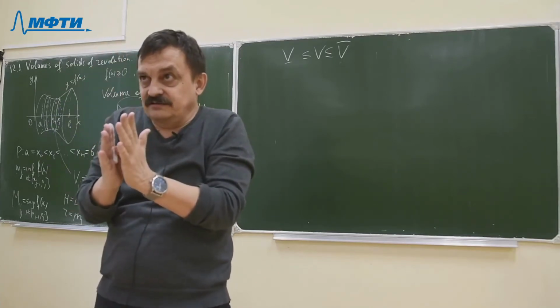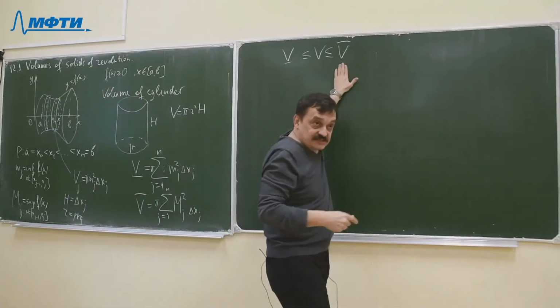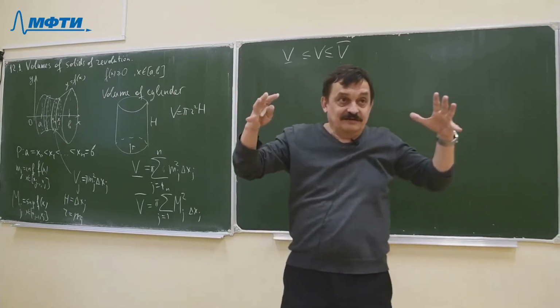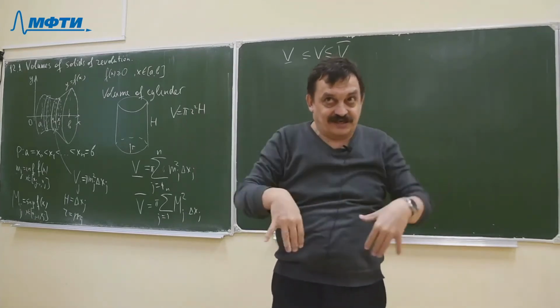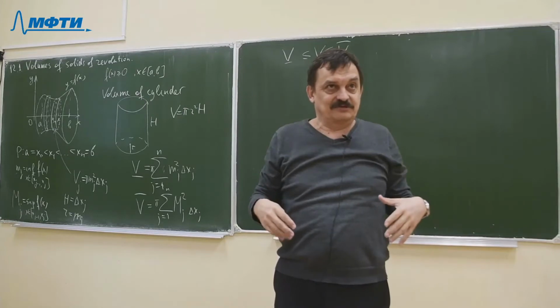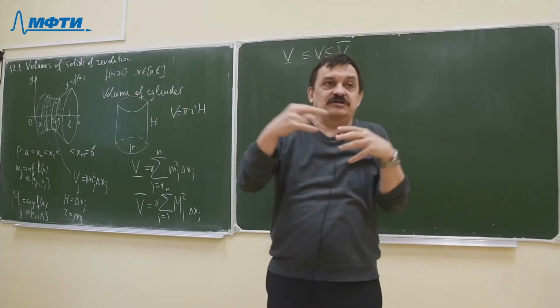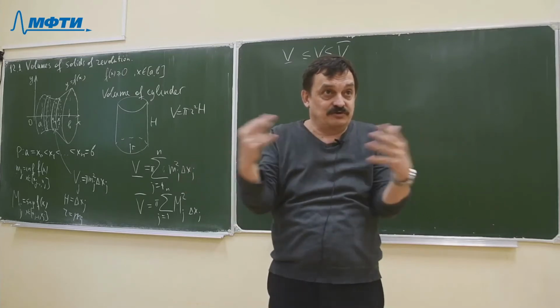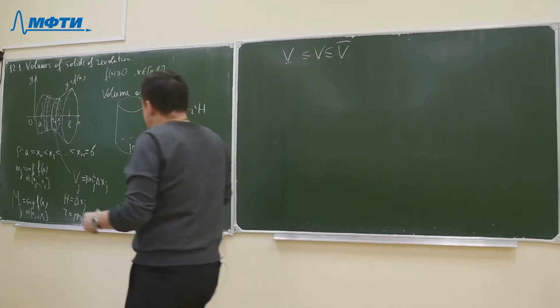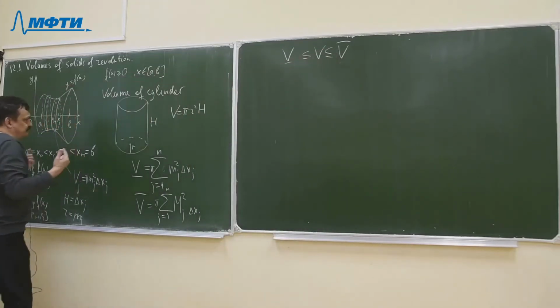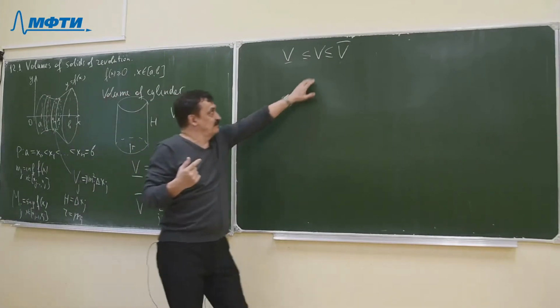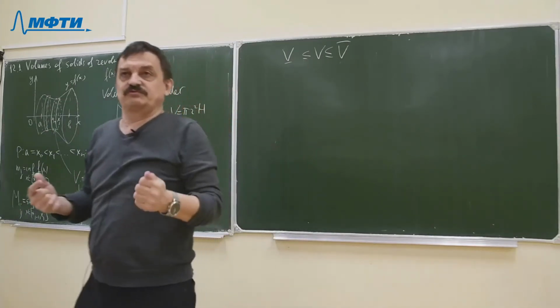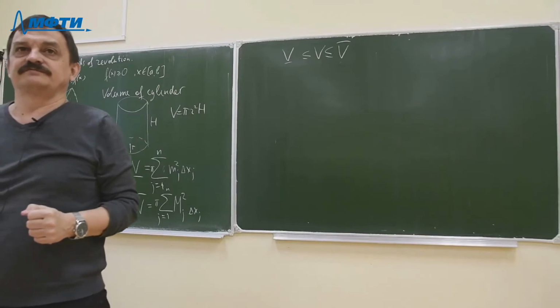But now those cylinders together contain our solid inside. So our solid of revolution is between them. Roughly speaking, not the solid, but the volume of this solid is somewhere between the volumes.